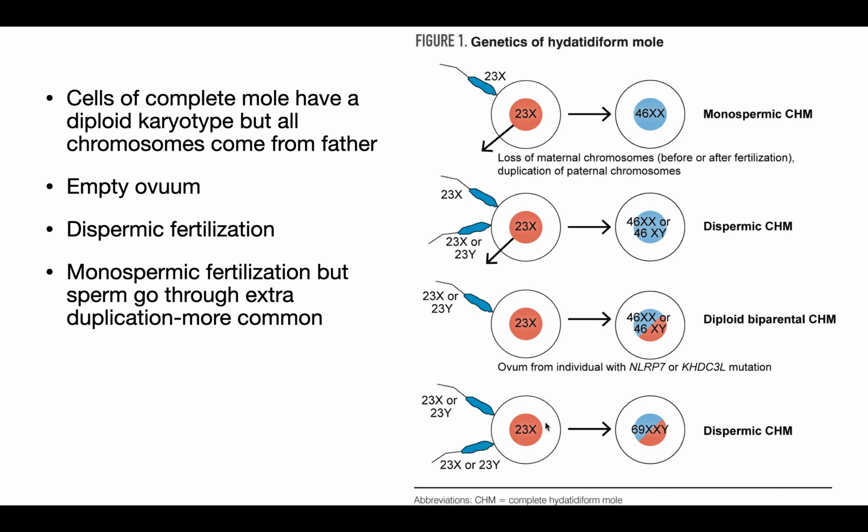Here's another dispermic. This would also be caused by a different kind of translocation added with an extra fertilization or extra duplication of either the sperm or the egg.